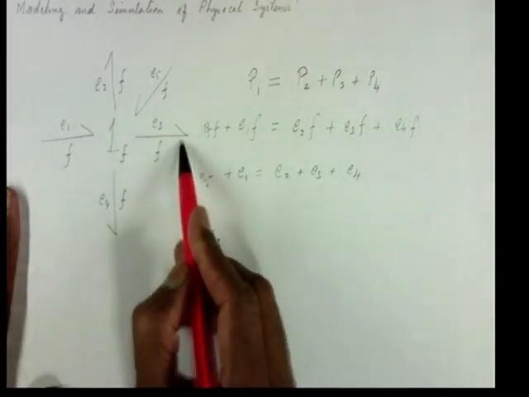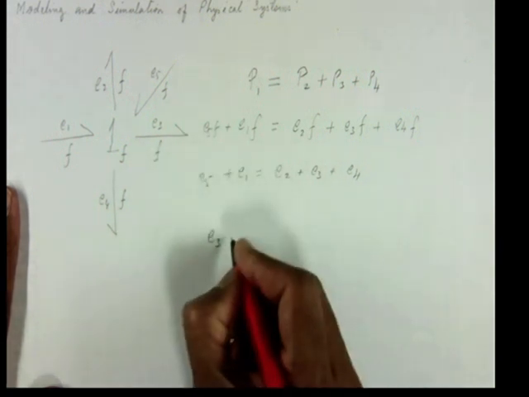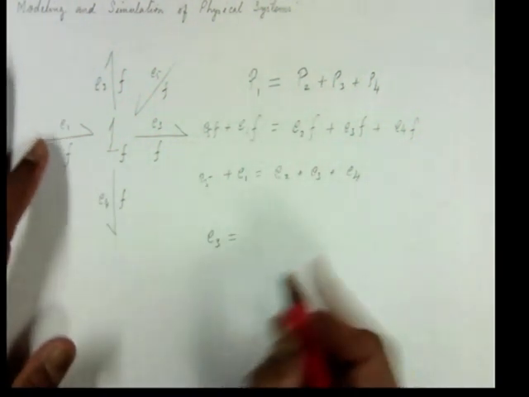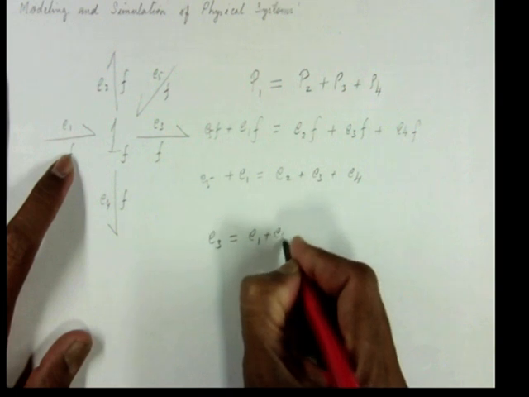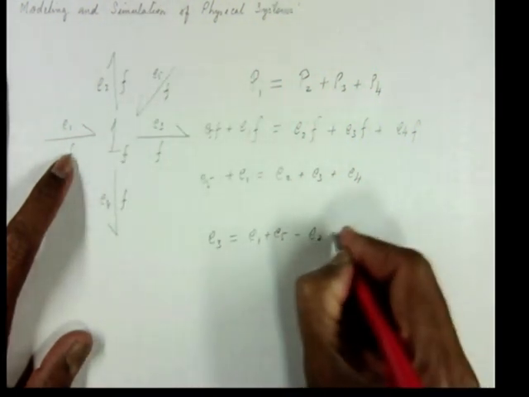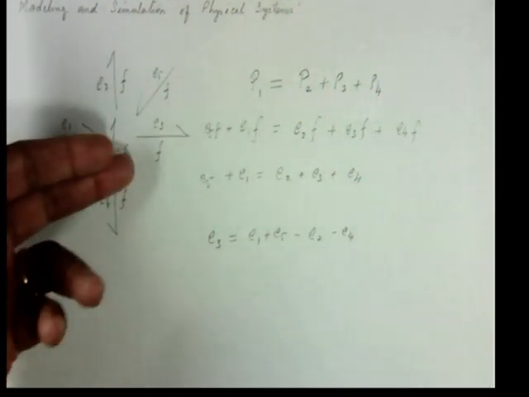Effort 3 is going out from here. Okay, so this can be written as all the bonds that bring in the effort, 1 plus effort 5 minus effort 2 minus effort 4. It is the same equation as before.